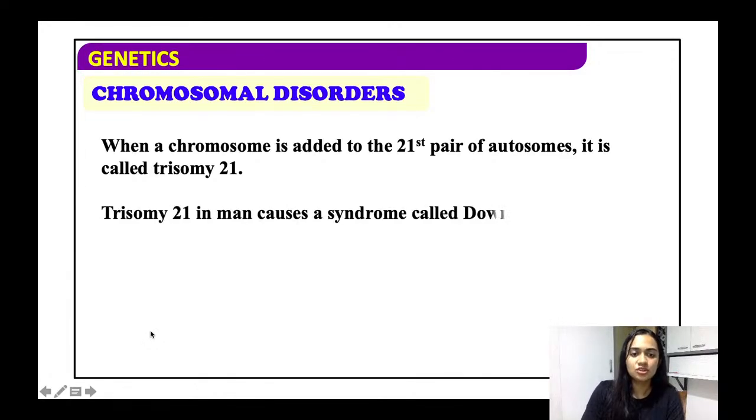So when a chromosome is added to the 21st pair, it is called the trisomy.